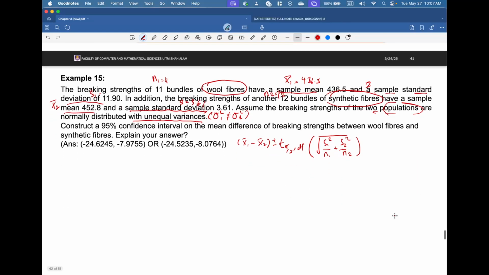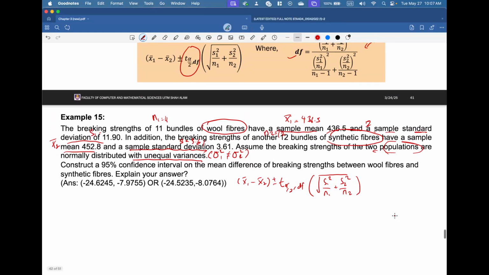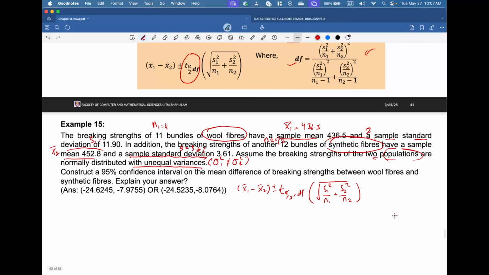And the df is equal to S1 square over N1 plus S2 square over N2, all squared, over S1 square over N1 squared divided by N1 minus 1, plus S2 square over N2 squared divided by N2 minus 1.